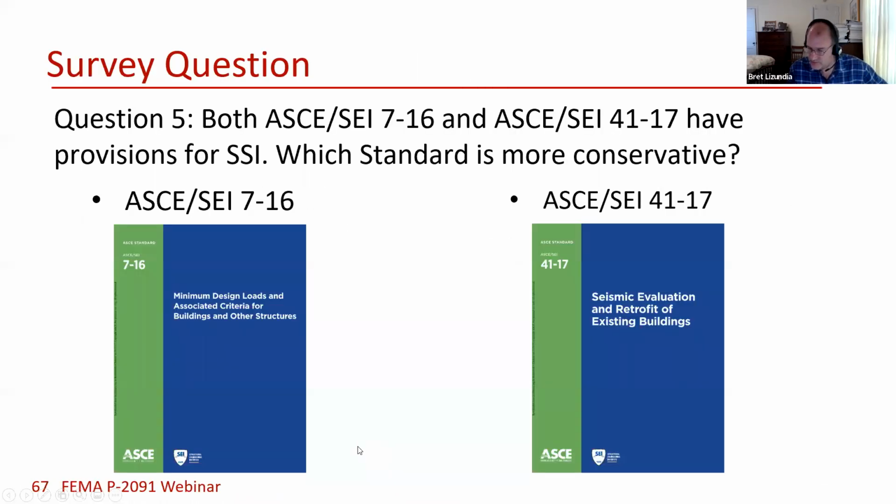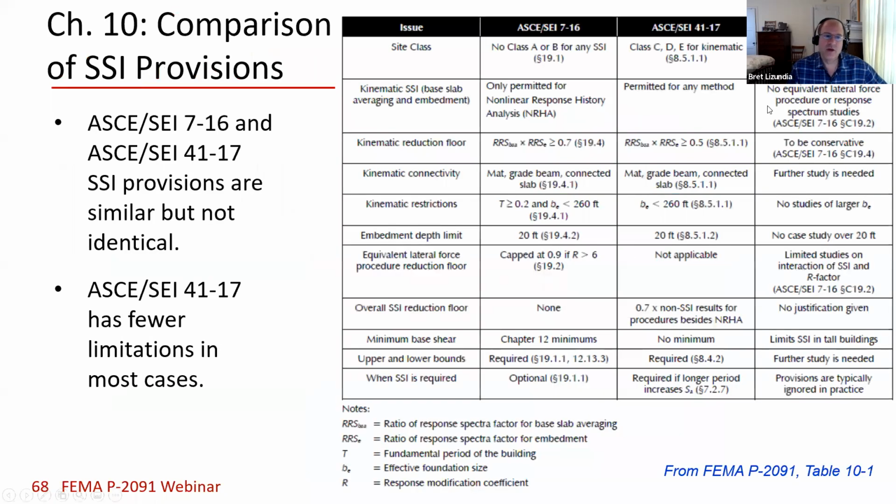Okay, so I'm going to skip this one, Kiara. I'm going to tell you the answer to this. Which of these is more conservative? ASCE 7 is more conservative than ASCE 41. And here, this table, which you can look at in the design guide, goes through a cross comparison of these different standards on a whole bunch of issues, like which site classes you can use. It turns out you can't use SSI on site class A and B because it won't do much for you.